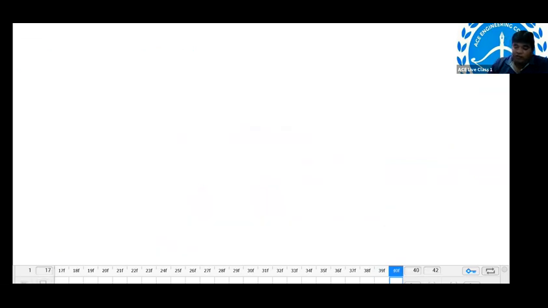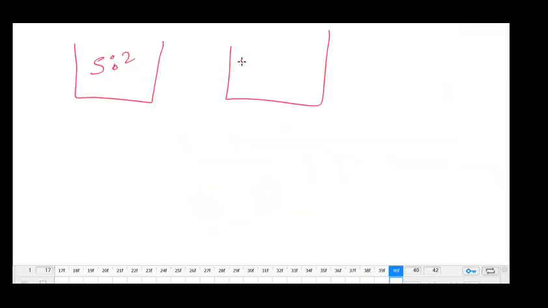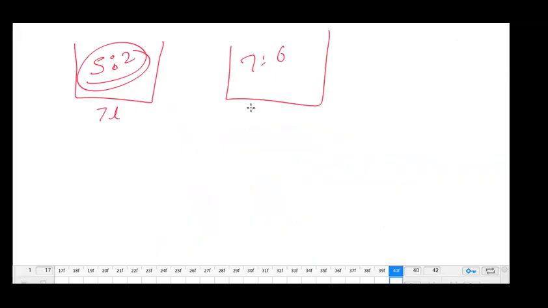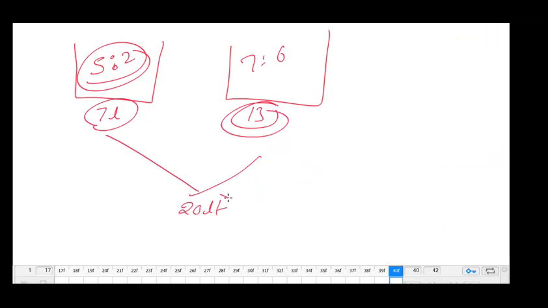Concept, observe all of you. Okay. Girija, tell me, 5:2 means you can assume liters because it is a liquid. 7:6, so this vessel contains how many liters? 7 liters here, 13. So if you are mixing these two, 7 liters and 13, how many liters? 20 liters.